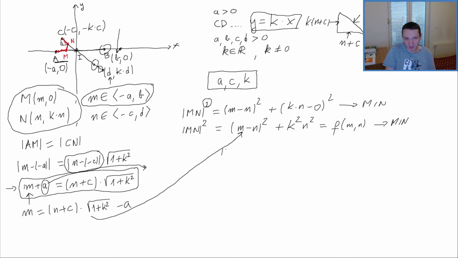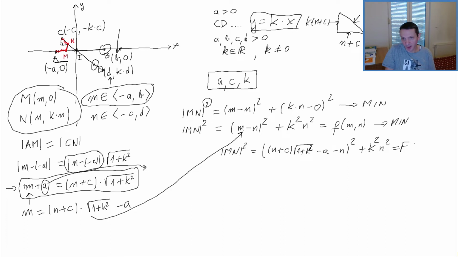So we obtain that MN squared is actually n plus c square root of 1 plus k squared minus a, this is for m, then minus n and all squared, and plus k squared n squared. This will be now simple minimization of a function of one variable.